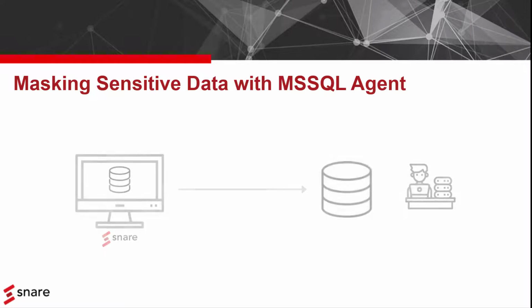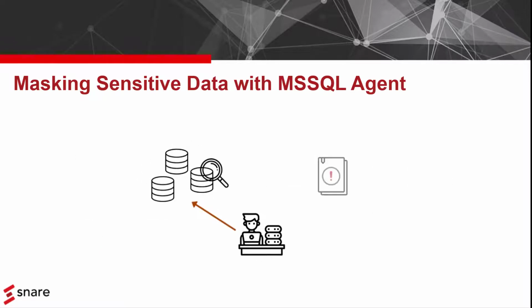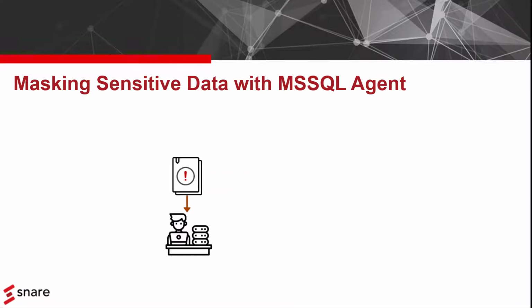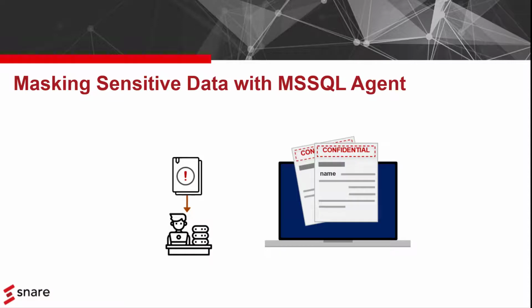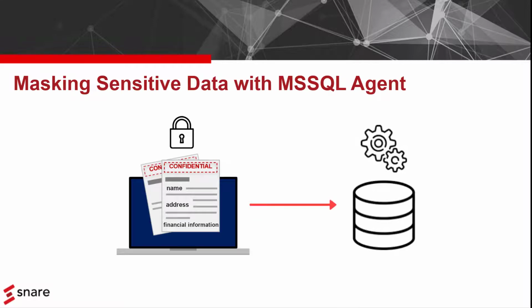So far so good. You want your security analysts to monitor your databases and receive reports on suspicious activity. But the reports themselves may include sensitive information like names, addresses, or financial information. This means that access to reports and where they're stored should be managed as well. This can be a difficult and complex task, so this is why you may want to scrub sensitive data from your monitoring solution.